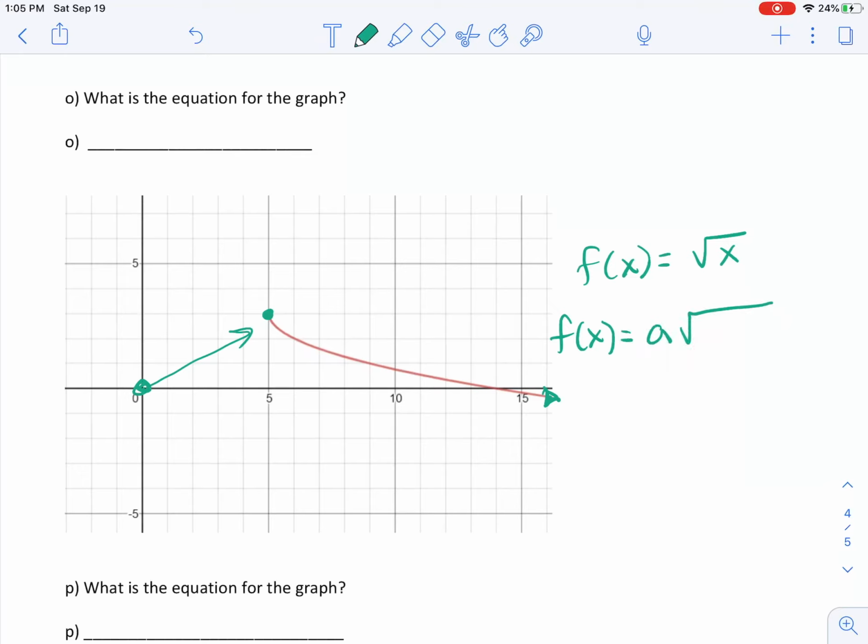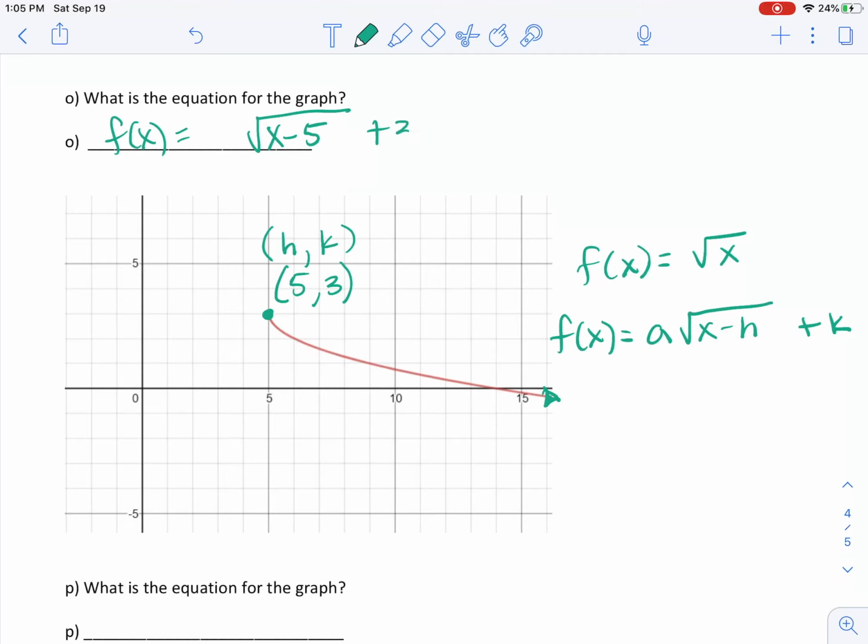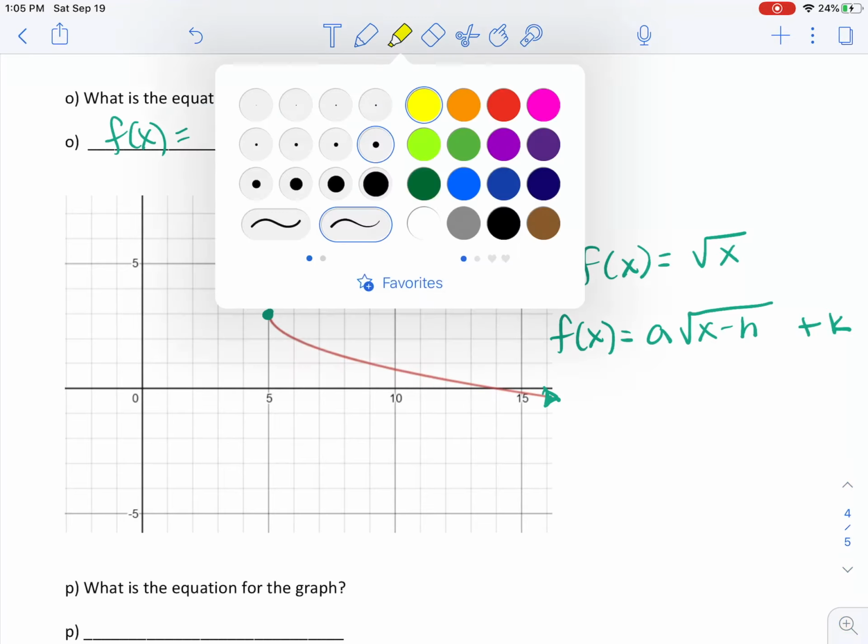Looks like this point is 5 and up 3. That's my H and that's my K. So let's plug that in up here. I don't know what A is. I'm going to leave some room. So if I do x minus h, x minus 5, and then plus 3 for the k. And again, I need to figure out the a value right there.